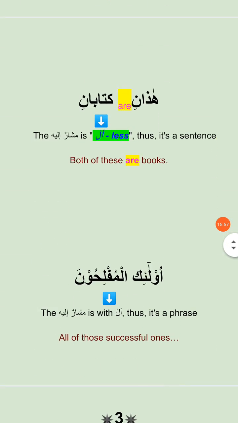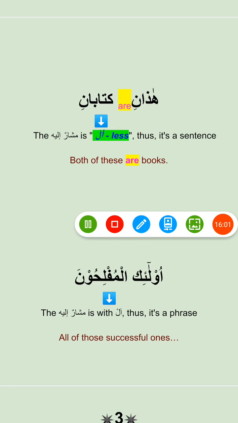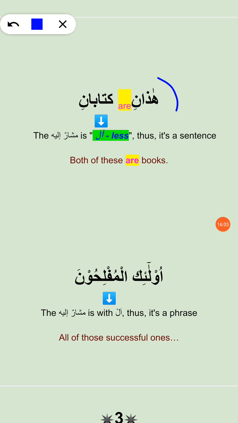And here are a few examples, just two examples. Okay, so hazani kitabani. All right, the musharun ilay is al-less. All right, so it is not coupled or prefixed with al, so it's a sentence. And then ulaika al-muflihuna, we are all familiar with this phrase. All right, it's in the opening ayat of Surah Al-Baqarah.